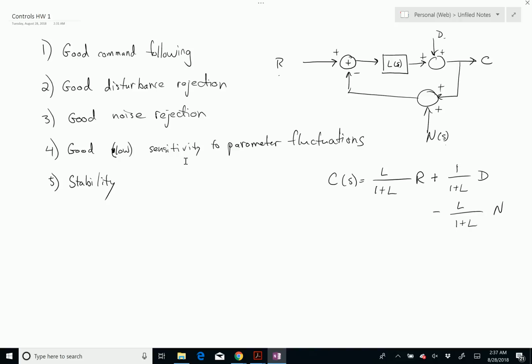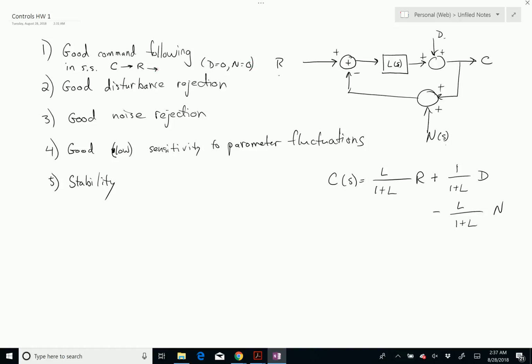Okay, so we went through and analyzed this in the context of these things. What we said was, if I want good command following, that means that in steady state, I want C to approach R, if there's no disturbance and no noise.